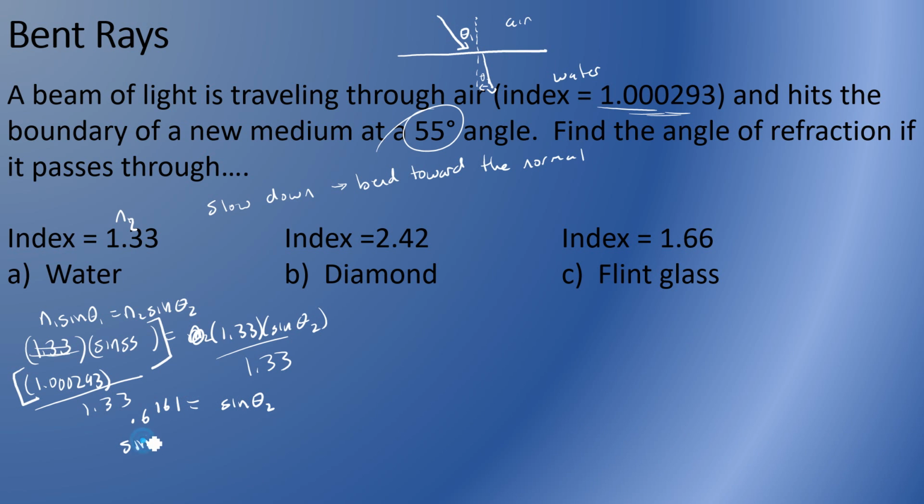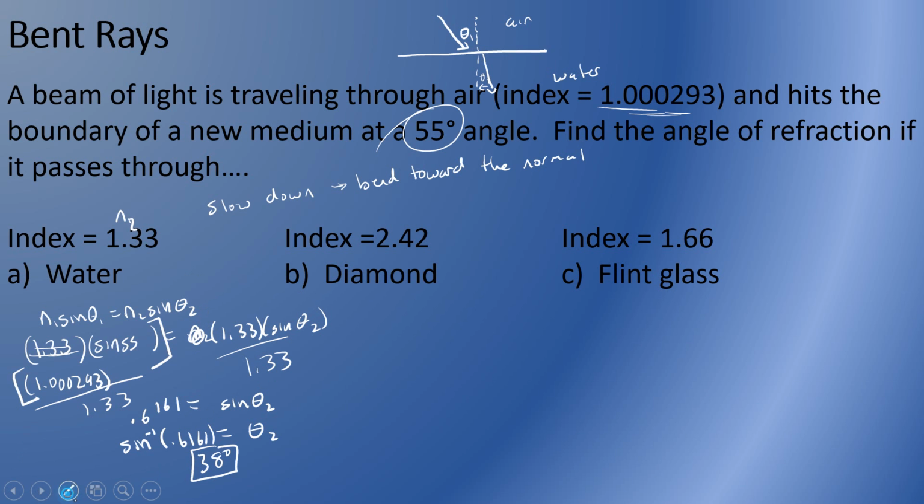So we're going to inverse sine both sides, and that will give us our angle of refraction. And I get 38 degrees. We have bent towards the normal, just as expected.